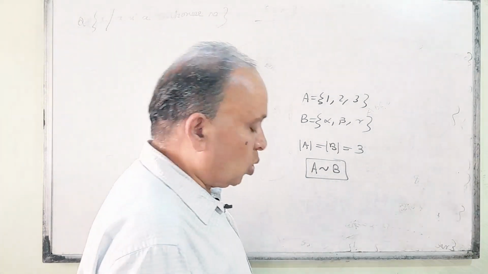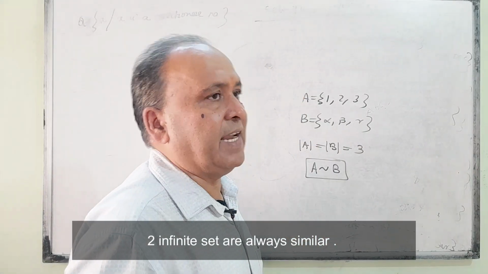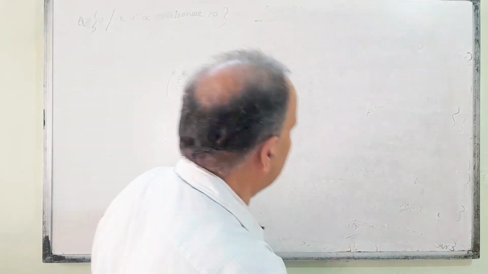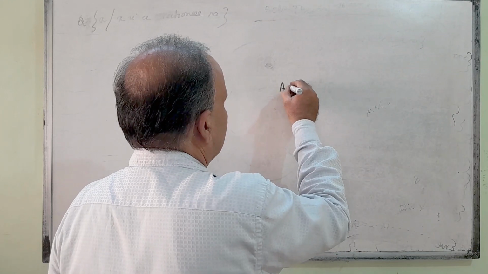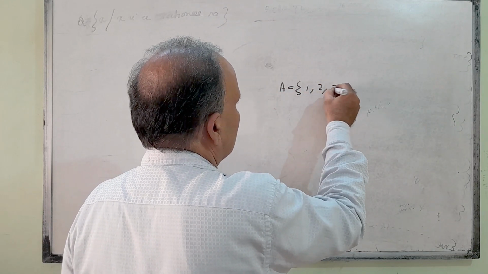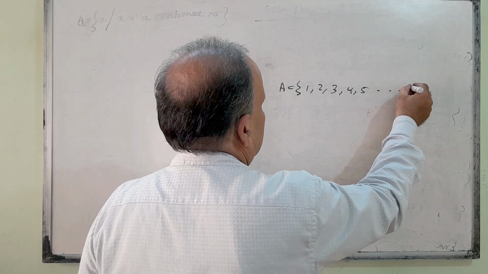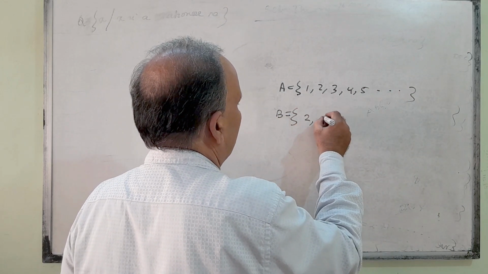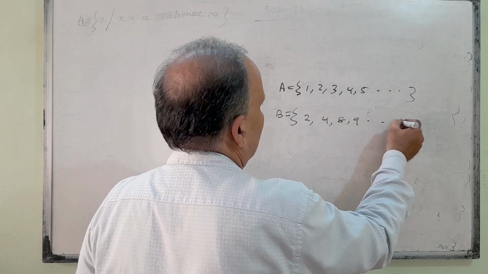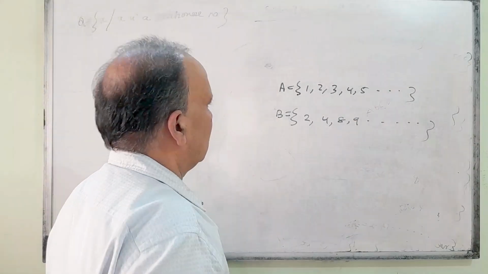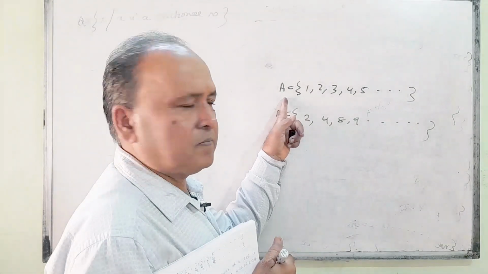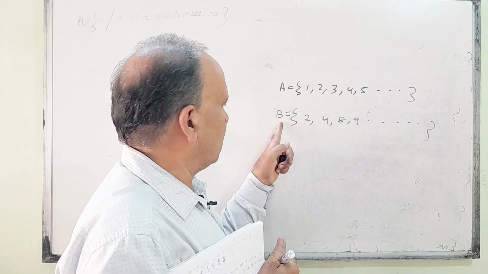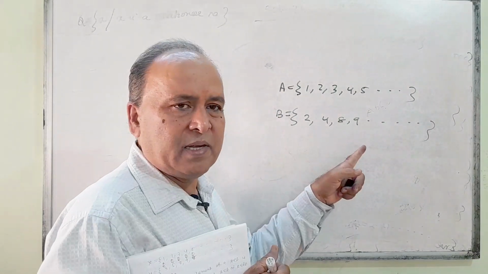Next, two infinite sets are always similar. Suppose A is a set, 1, 2, 3, 4, 5, like this, and B is a set, 3, 4, 8, 9, dot dot, like this. What is the order of set A? Infinity. What is the order of set B? This is also infinite.